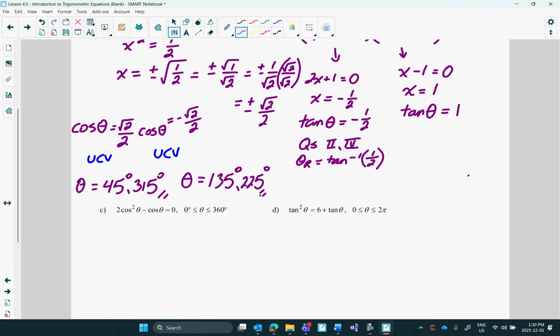You always have to change it to positive when you take the reference angle, always. Otherwise, you'll get a completely different angle that won't work. So if we do that, we're going to get 0.464. Remember radians on your calculator for this one?